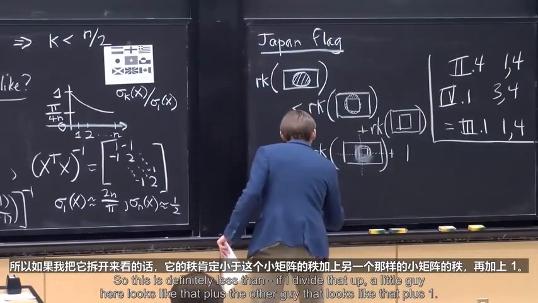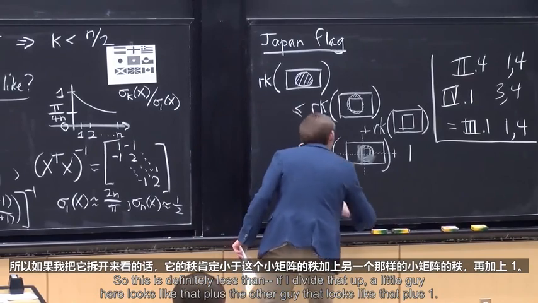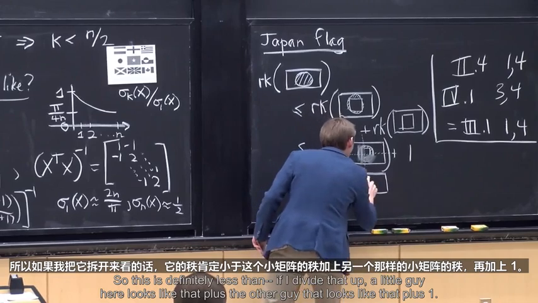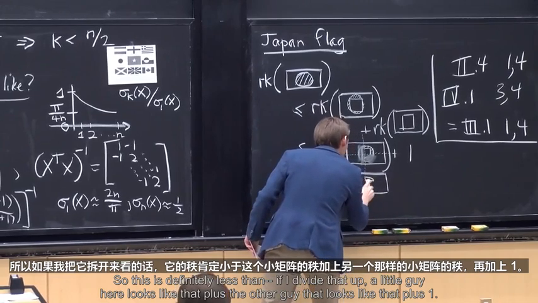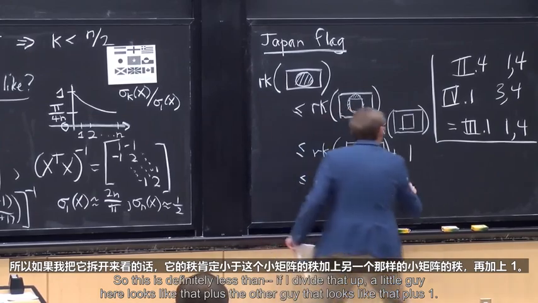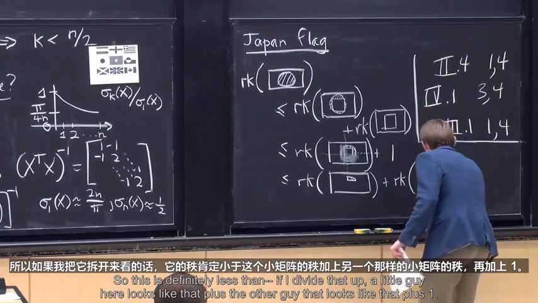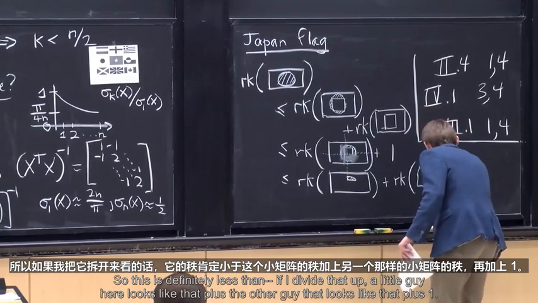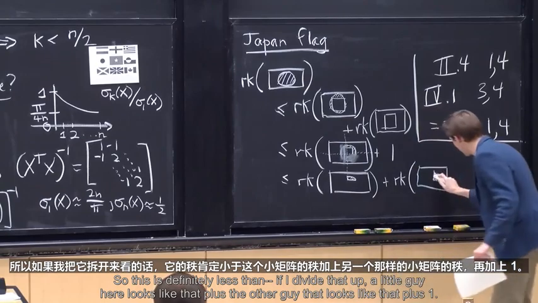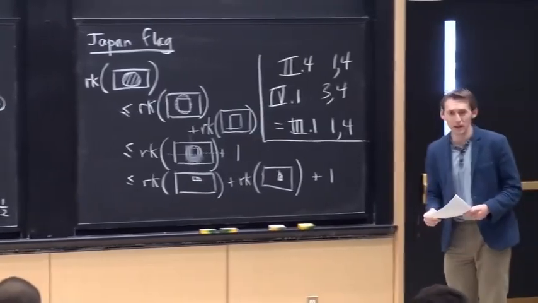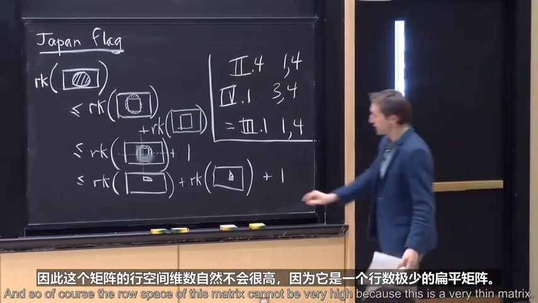So this is definitely less than, if I divide that up, a little guy here, it looks like that, plus the other guy that looks like that, plus 1.